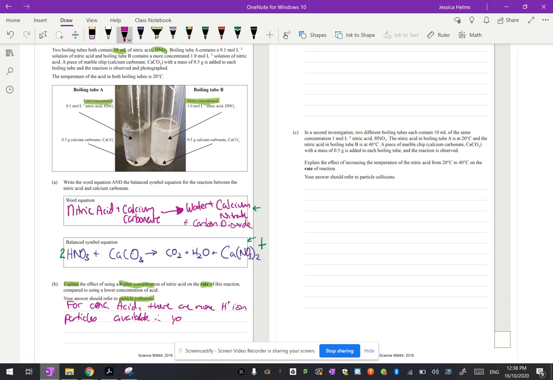Okay, and this means that, therefore, you have a greater opportunity for particles to collide, as there are more H+ particles.